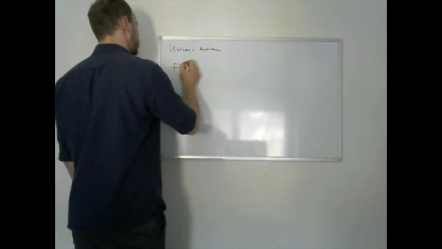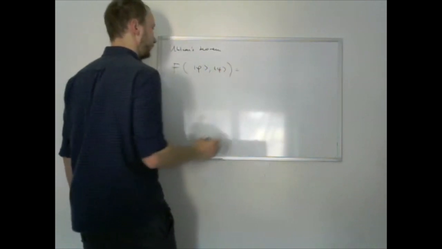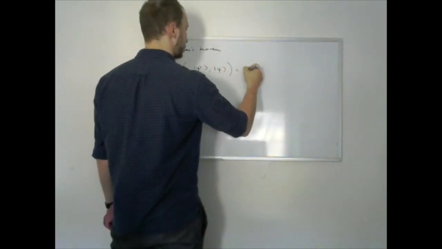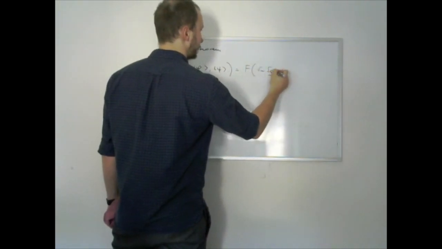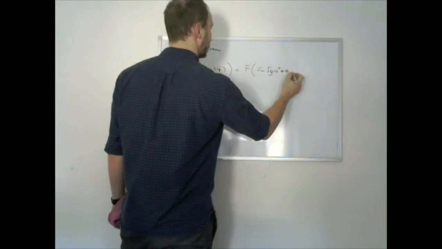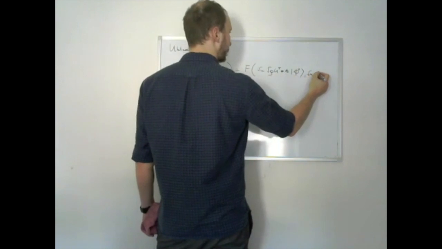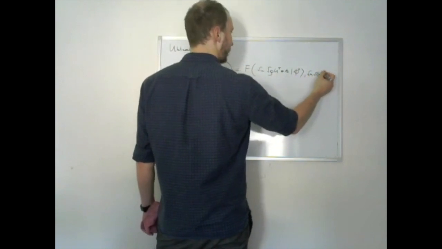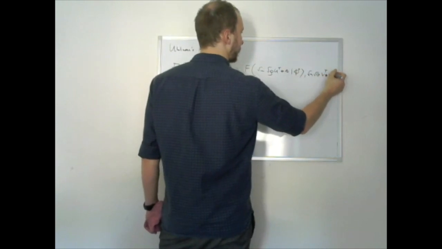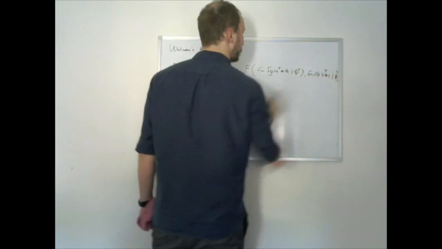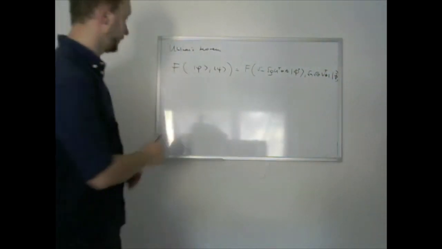So the fidelity between these purifications, phi and psi, for any two purifications, you can just write it as the fidelity between the state square root of n, square root of rho, and some unitary tensor identity acting on this maximally entangled state, and square root of n, square root of sigma, some other unitary tensor identity acting on the maximally entangled state. Okay, and this is a pure state we have here because they're purifications.